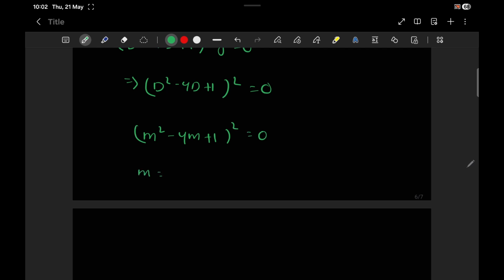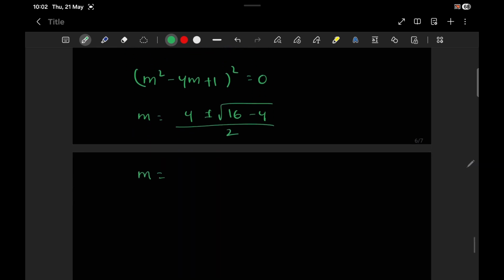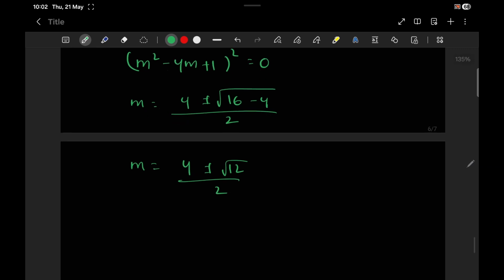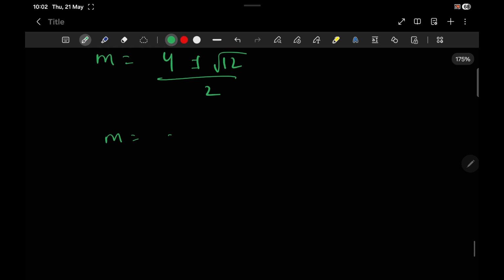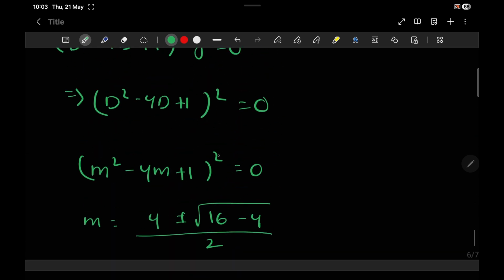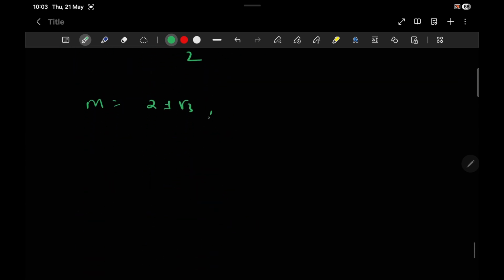So m will be 4 plus minus root of 16 minus 4, divided by 2, so m will be 4 plus minus root 12 divided by 2. So m will be 2 plus minus root 3, and as there is a square here, this is taken twice, right?